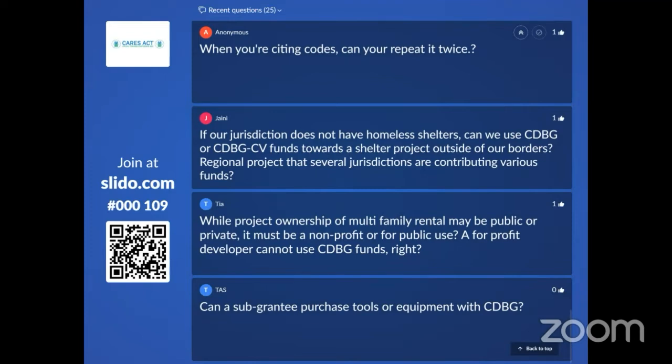It's preferable, but not mandated, that you can only do buildings. But the regulations and the notice prefer buildings over yards and so forth. So that's something you would have to determine with your state or local ordinances and requirements.